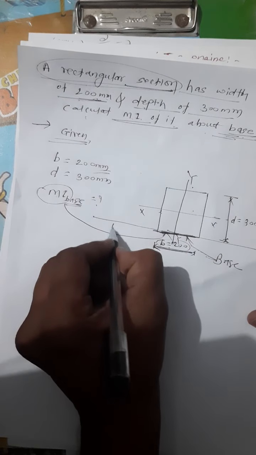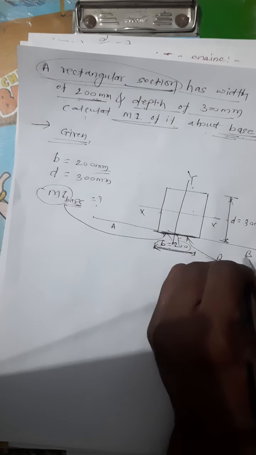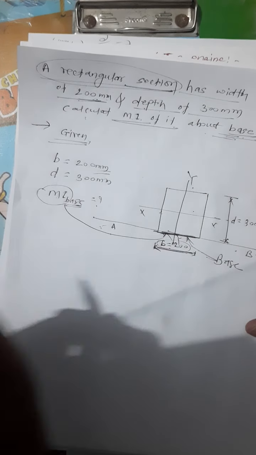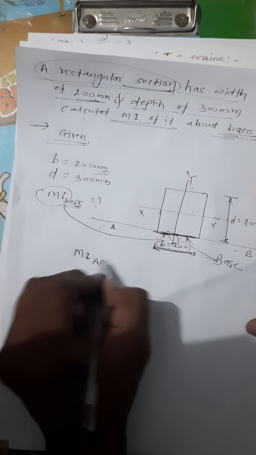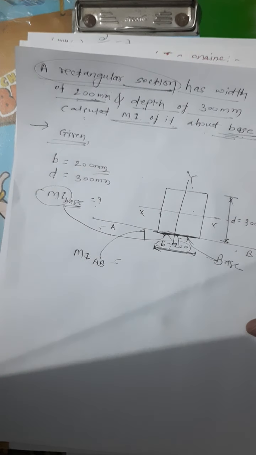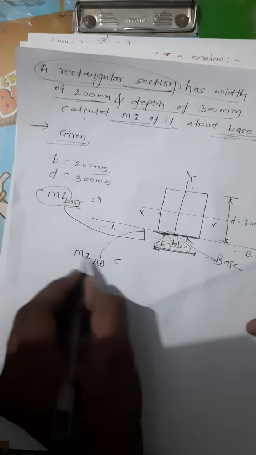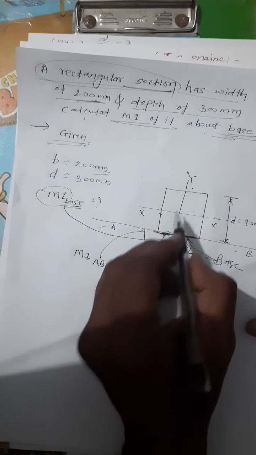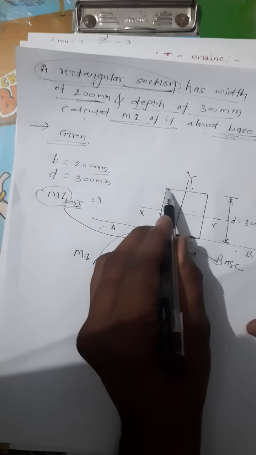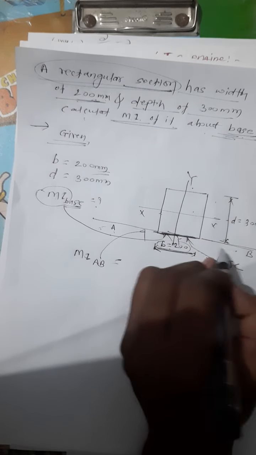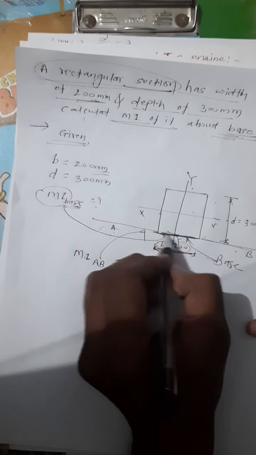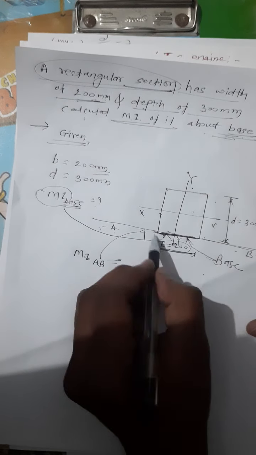Just give it a name: AB is the base. So calculate MI about AB. Above this base you have a rectangular shape, but below this base you don't have a shape.